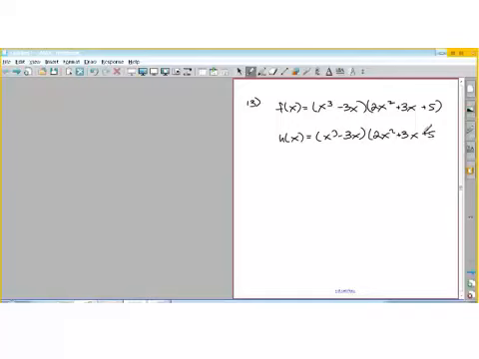And again, if you feel comfortable just doing this in your head, don't feel like you have to write this whole thing out. So those are the two terms in the product.